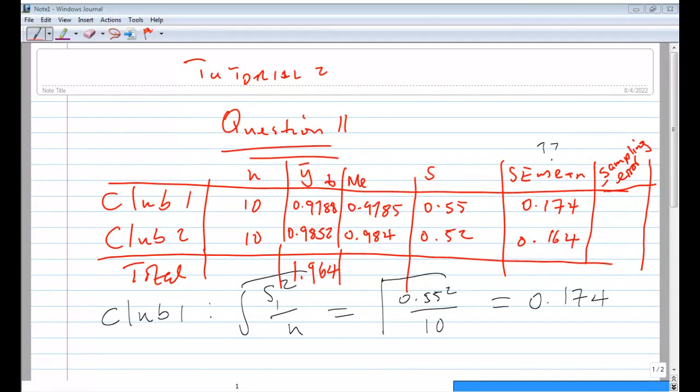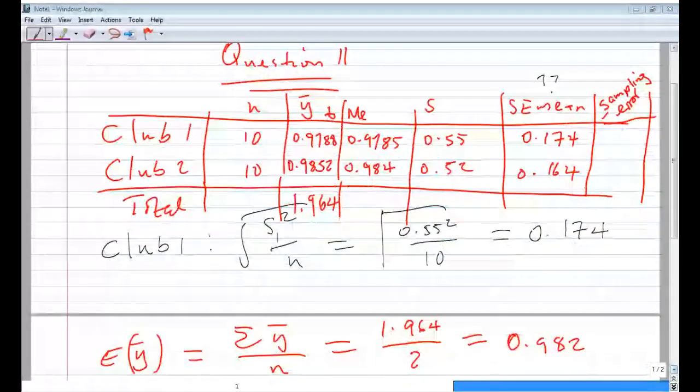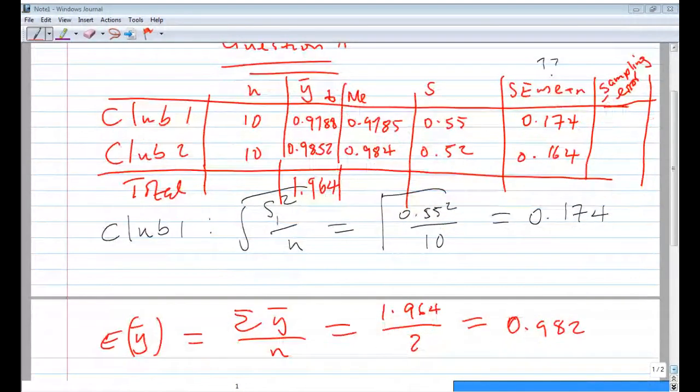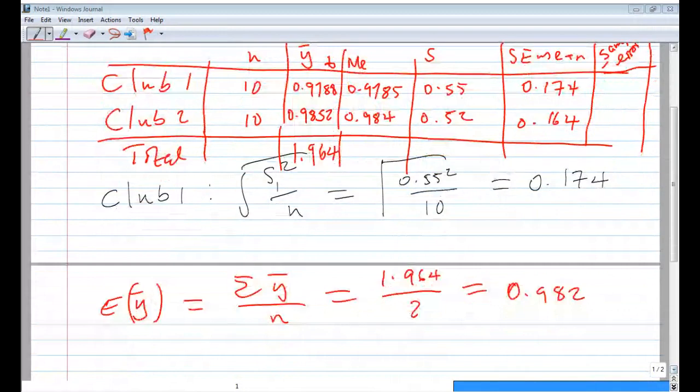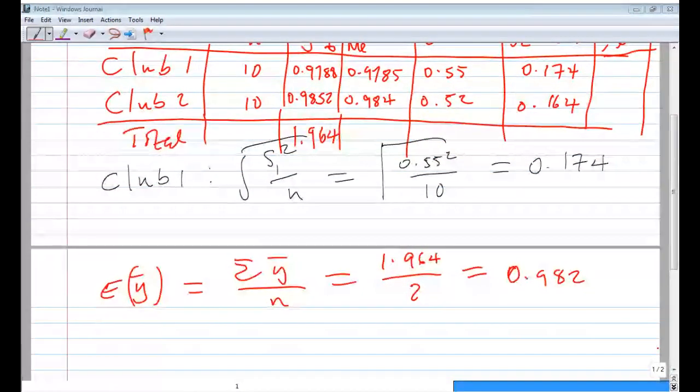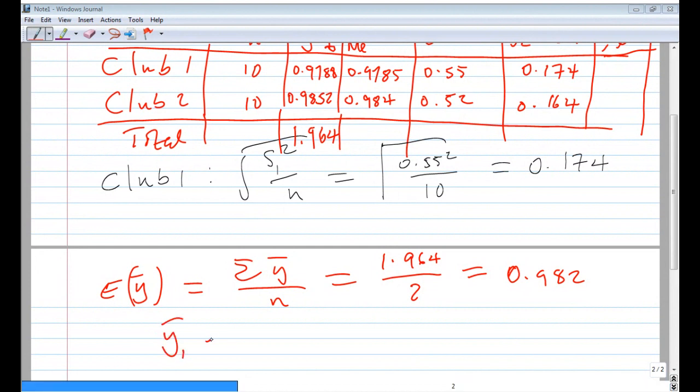So what is the sampling error of club 1? The sampling error of club number 1 will be y bar minus the mean of a simple mean. What is the simple mean of club number 1?